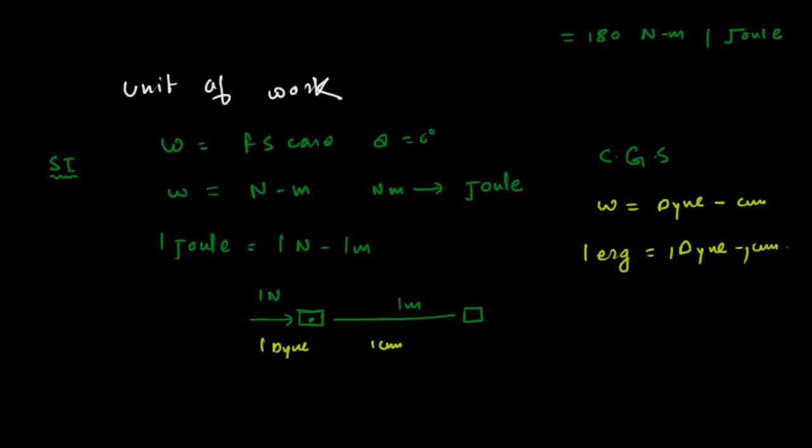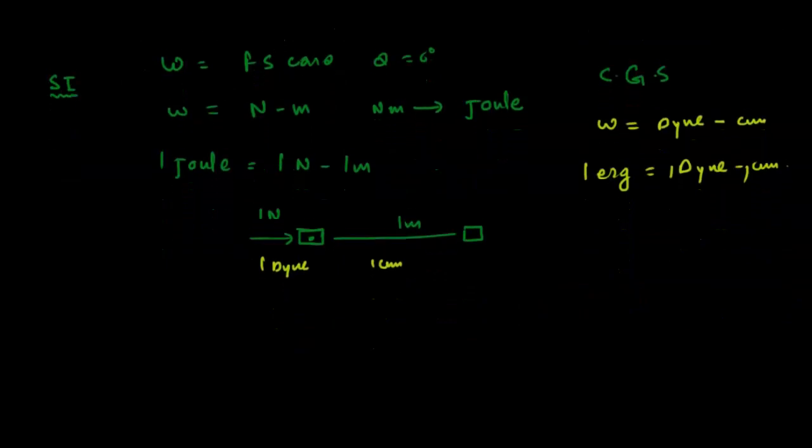Now we have to find the relation between joule and erg. So we will start writing from the joule. 1 joule is equal to 1 Newton 1 meter. Now this is the SI system, so we have to convert it into CGS. We know 1 meter is equal to 100 centimeter and 1 Newton is equal to 10 to the power 5 dyne.